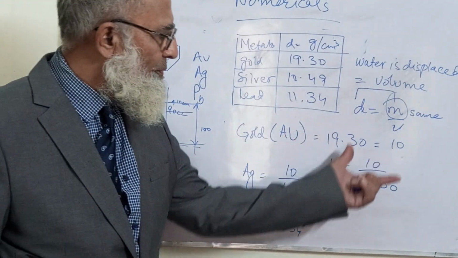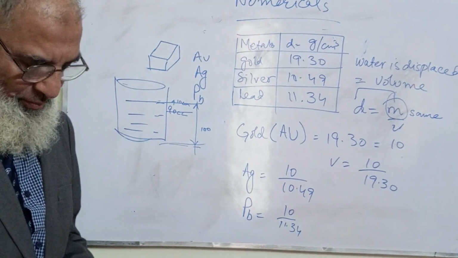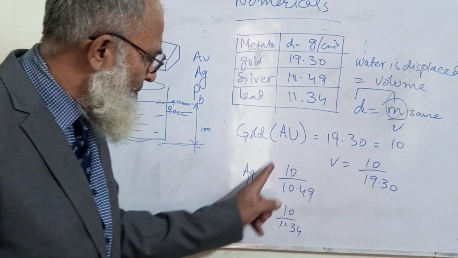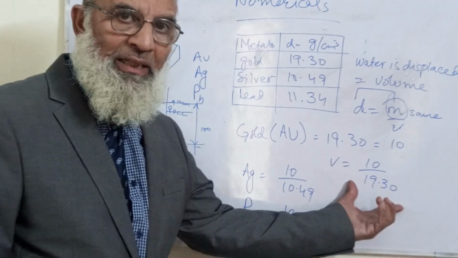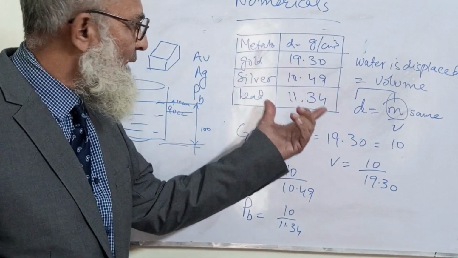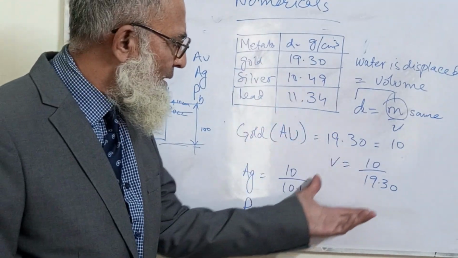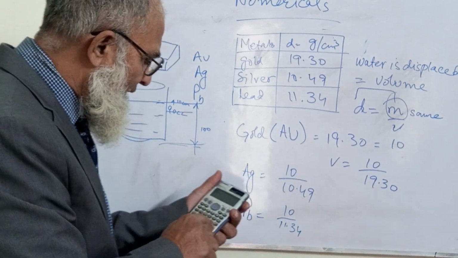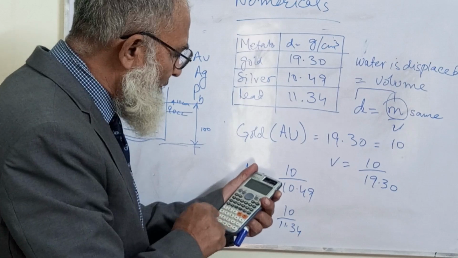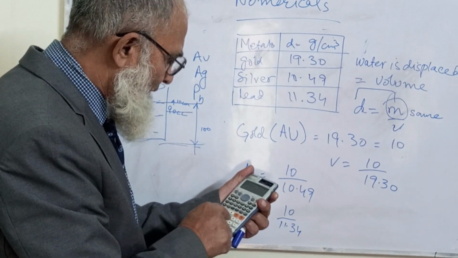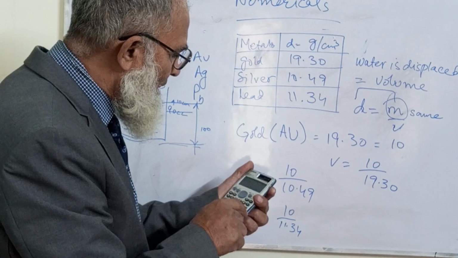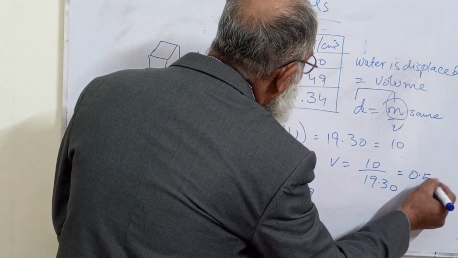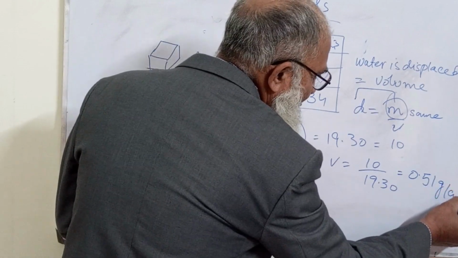Now these are the three volumes. I have taken the same mass of 10 for all, and the densities are as specified in the table. 10 divided by 19.3 is equal to 0.51 centimeter cube.